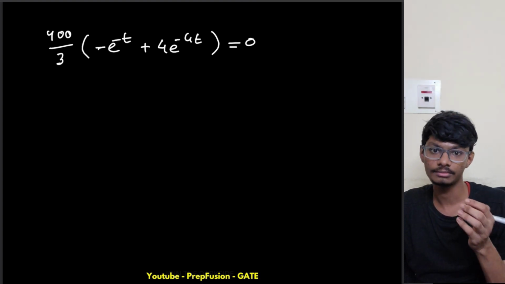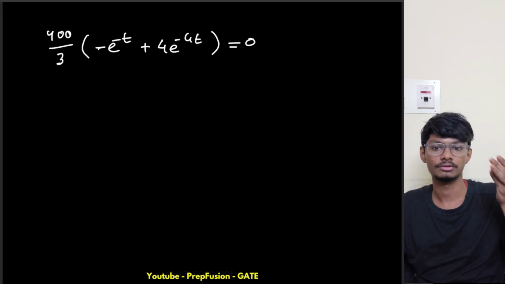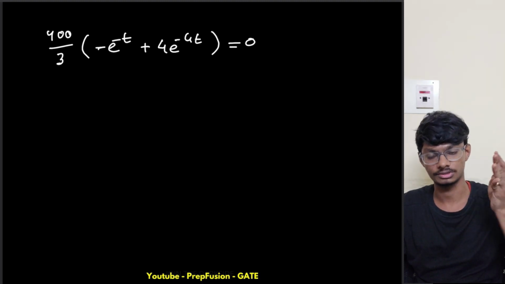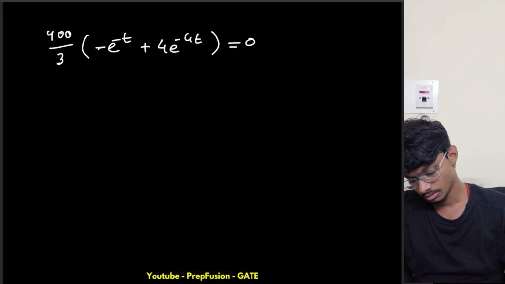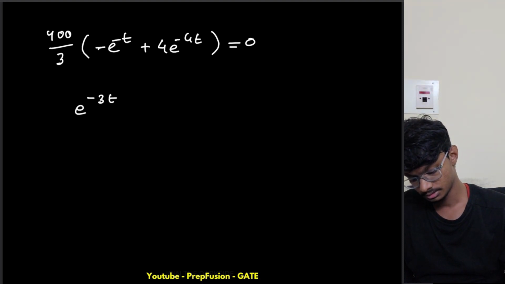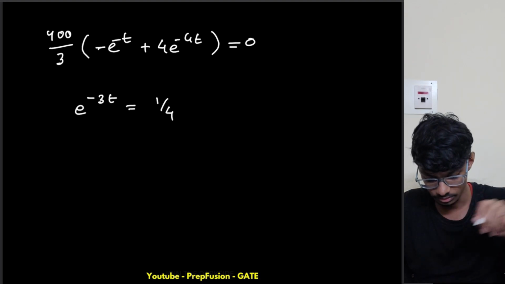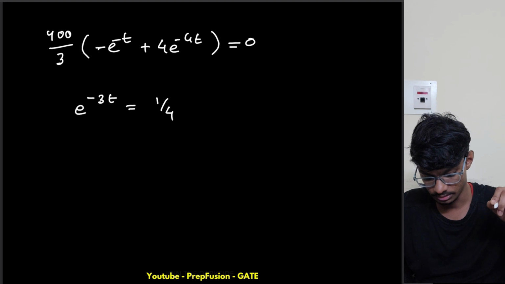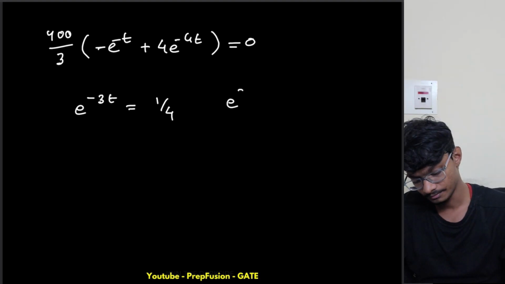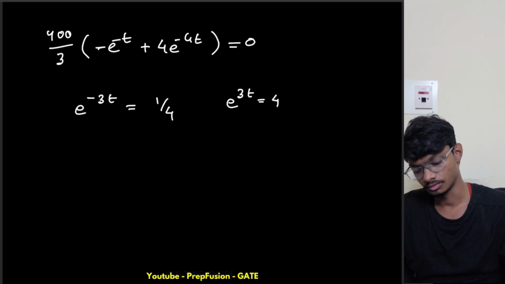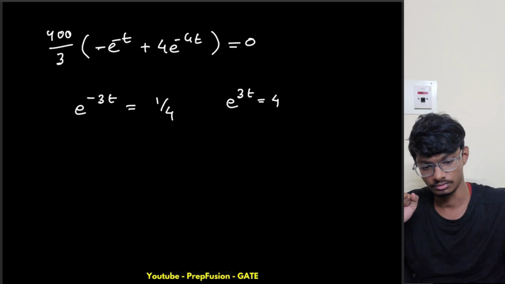U of t I am not considering, because after t equals 0 plus, u of t equals 1, it is constant, so I am not applying the UV rule here. So e raised to power minus 3t equals 1 by 4, or you can say e raised to power 3t equals 4.